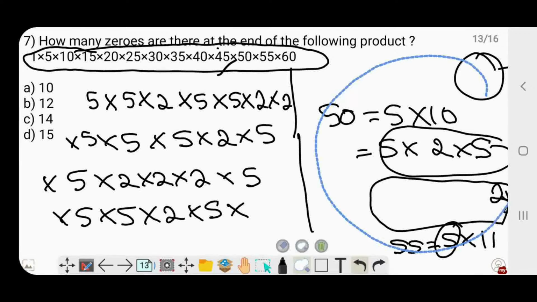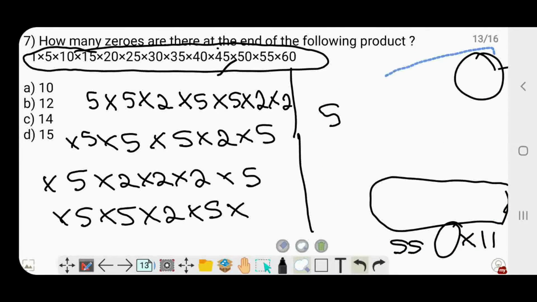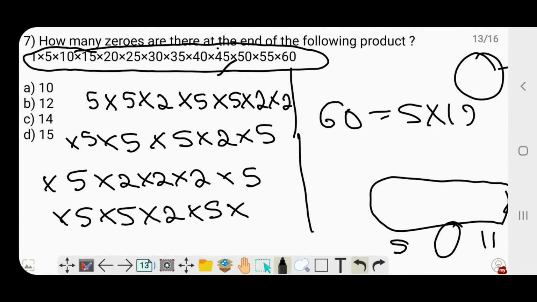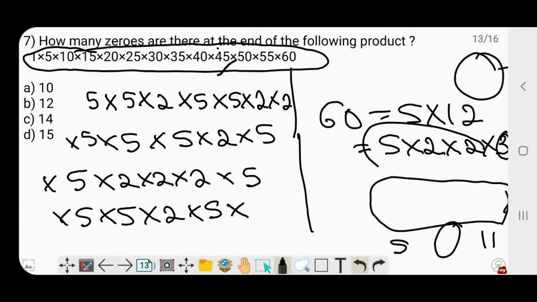And I have 60 left. 60 can be written as 5 into 12, which in turn is nothing but 5 into 2 into 2 into 3. 3 is of no use. So we have one 5 and two 2's, into 5 into 2 into 2.